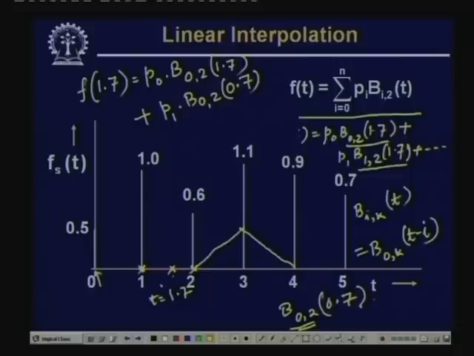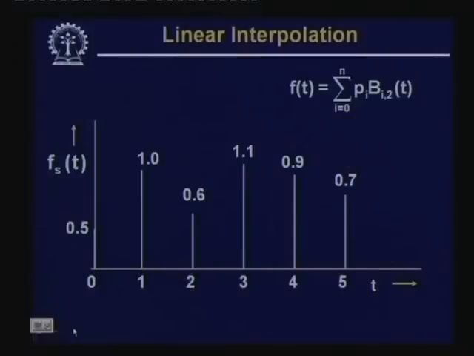Now, here you find that there is a problem, that when I am trying to compute the value at t equal to 1.7, the contribution only comes from the sample values at t equal to 0 and t equal to 1. But this interpolation of this approximate value does not have any contribution from t equal to 2 or t equal to 3.